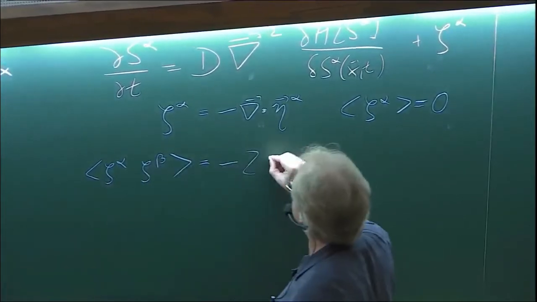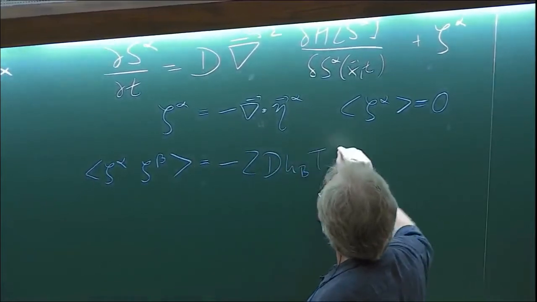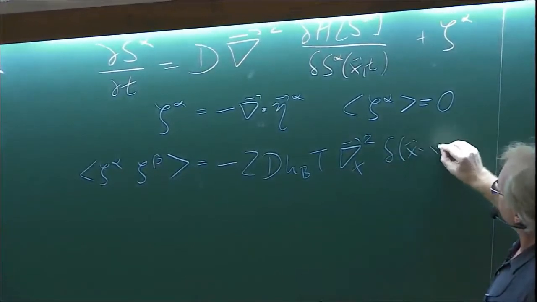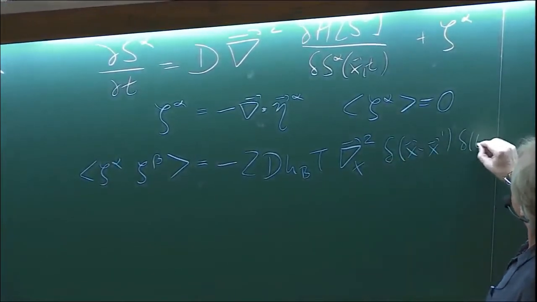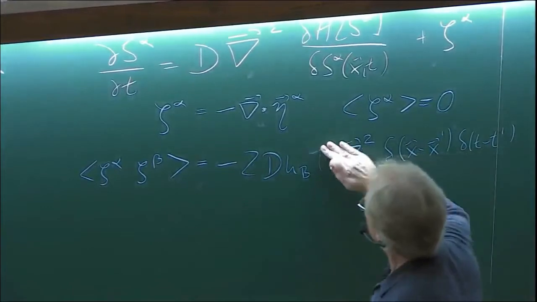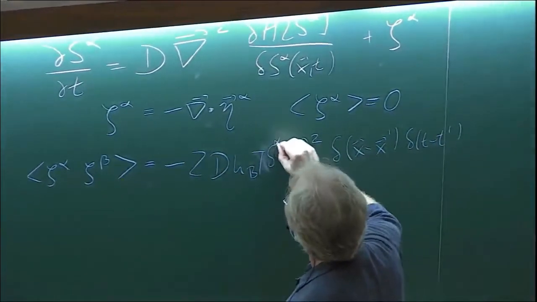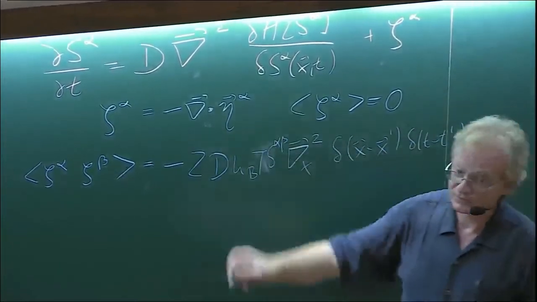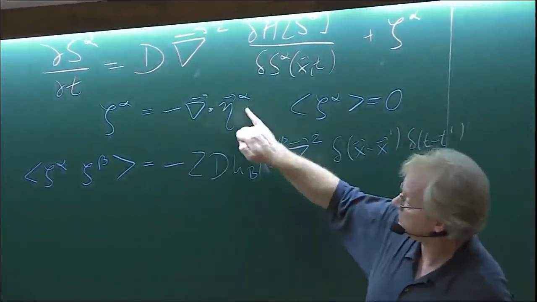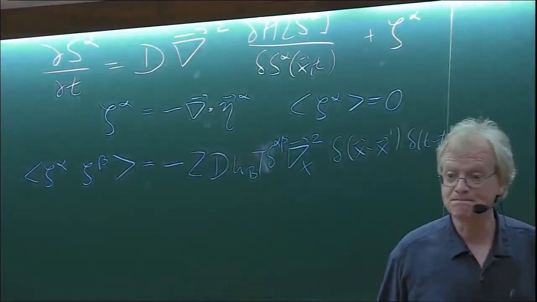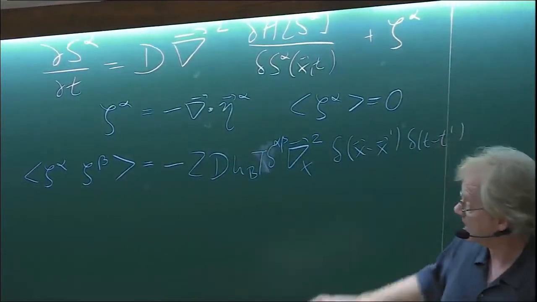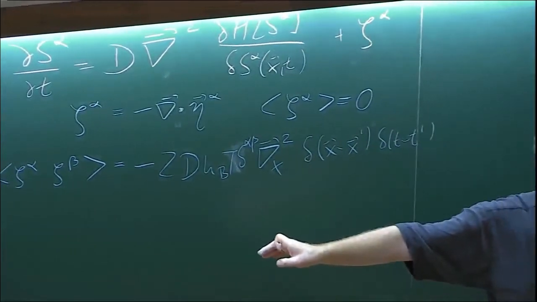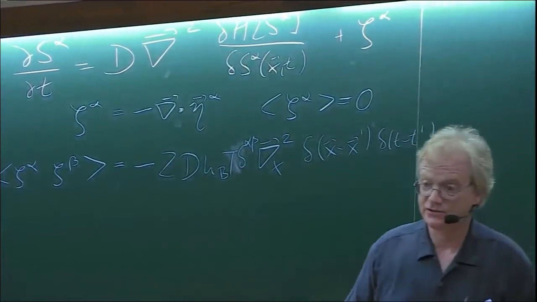So I'm going to write this as minus 2d kT and a Laplacian on x acting on these delta functions. And somewhere a delta alpha beta. So that's the noise correlation that's just equivalent to this one. So this is assuming that the etas were just Gaussian white noise. Okay? Now again, this is assuming I'm relaxing to thermal equilibrium. I'm just not relaxing by uniform relaxation rate, but diffusively.